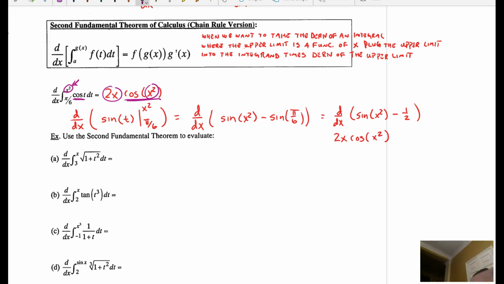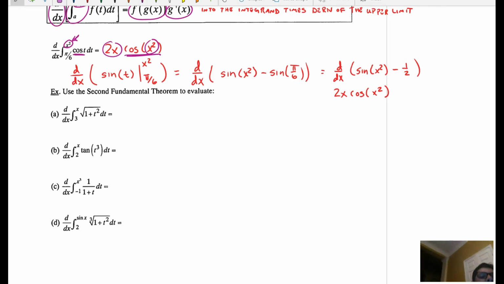That gives me f of g of x times the derivative of the upper limit. The upper limit is g of x, so the derivative of the upper limit is g prime. So we're going to use the second fundamental theorem and apply it to these problems.